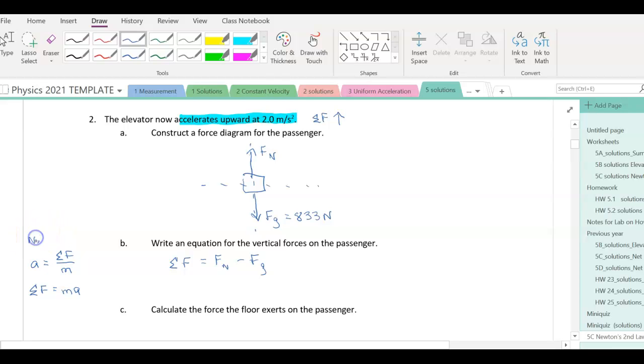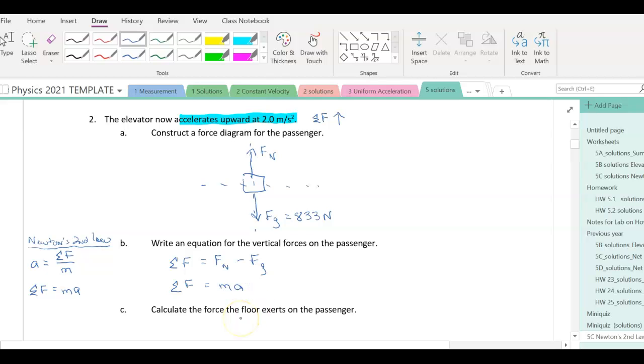This is a way of expressing Newton's second law. And we derived this equation in the lab that we did recently. So I have another way of expressing net force, and it is the mass times the acceleration.